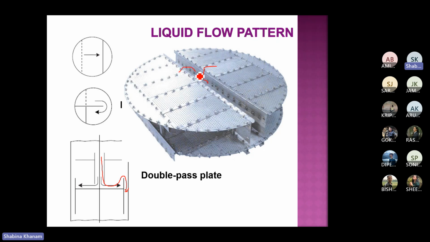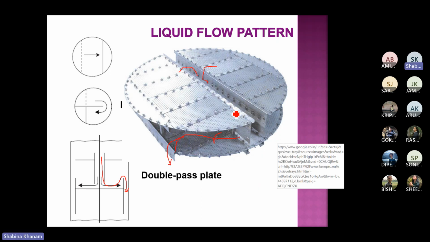And if you can see here, we are having a gap, so through these gaps it will move here and then exits from here. Okay, so in this way you can consider the double pass plate.